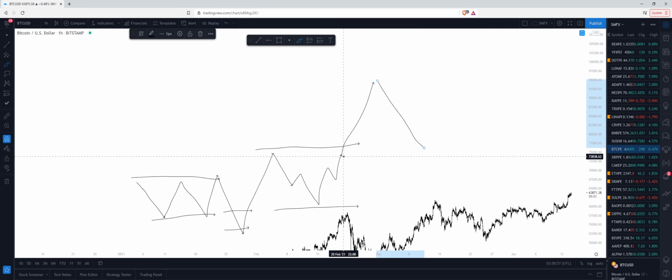We would get a move back into support. Now, instead of just leaving your limits here at the support level and hoping that price is going to continue up, what I do personally using my strategy is I wait for another reaccumulation to occur at the support level.